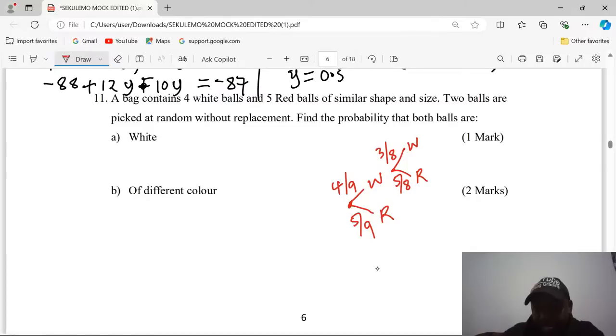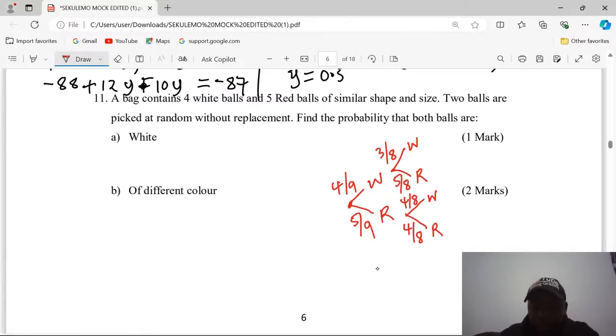In every bracket, remember, you are supposed to get 1. The probabilities on any bracket should give us 1, because in a bracket, you display what we call mutually exclusive events, and their probabilities must add up to 1. If you had picked a red, picking red again should now go down to 4 out of 8, which means for white should be 4 out of 8.